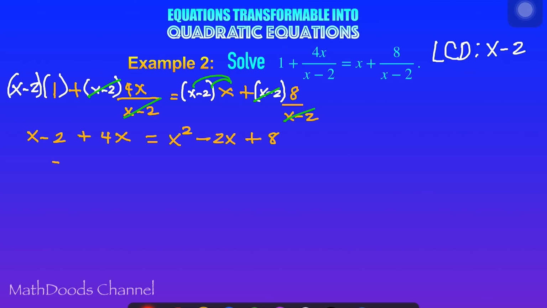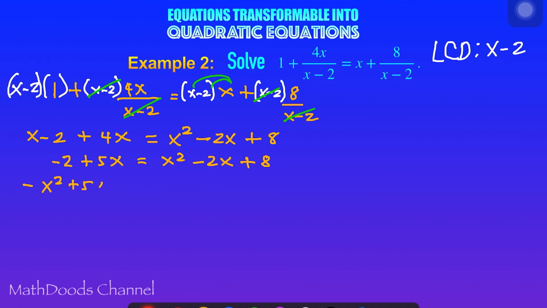So, magiging in descending order negative x squared plus 5x plus 2x minus 2 minus 8 equals 0. Ngayon, ito ay masisimplify.